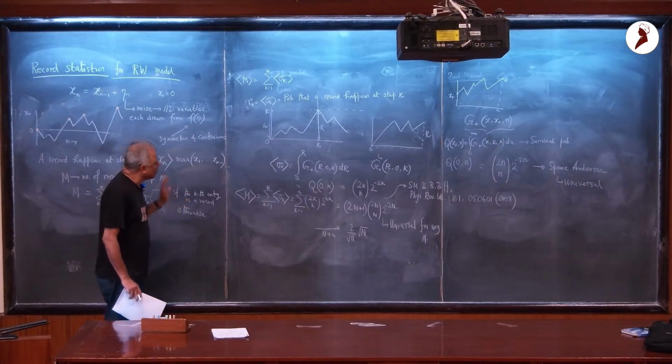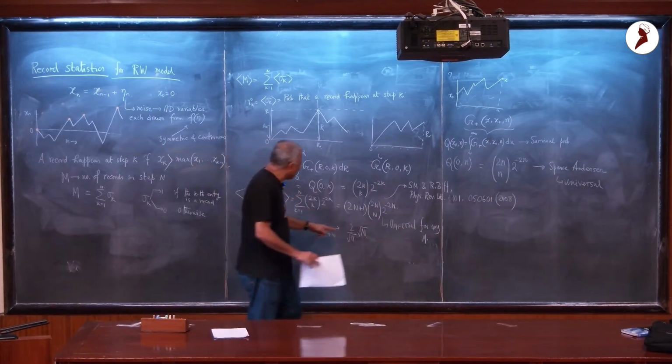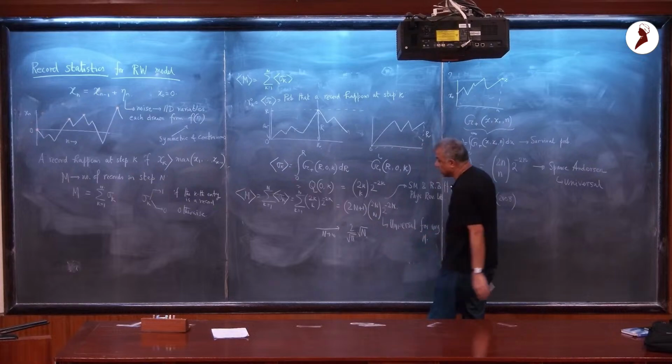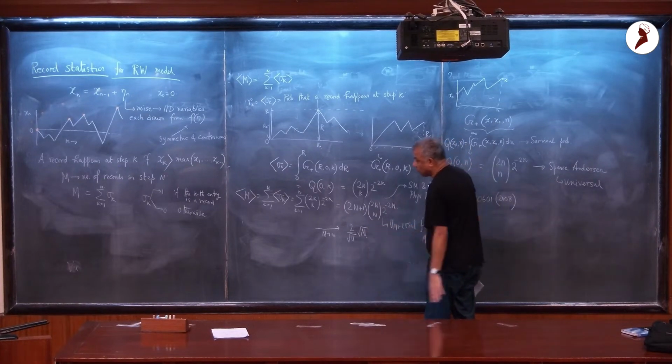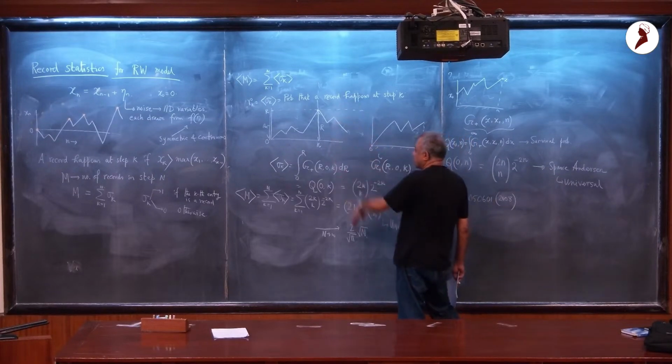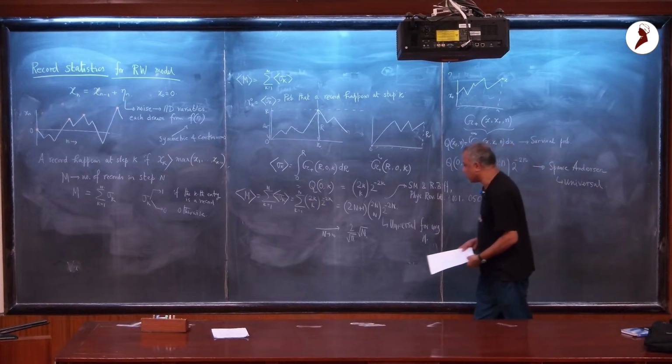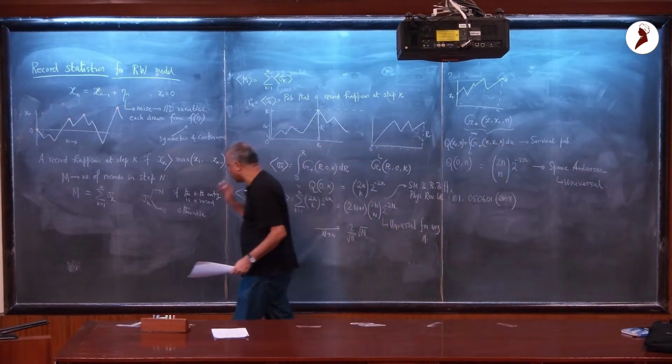This is totally wrong, because this is true even for Levy flights. Levy flights' typical displacement grows like n to the power 1 over mu, where mu is the Levy index. So it's not always square root of n. So this square root of n has nothing to do with the typical displacement of the walk. This is a much more non-trivial result basically, and it's universal. It's true for Levy flights as well.